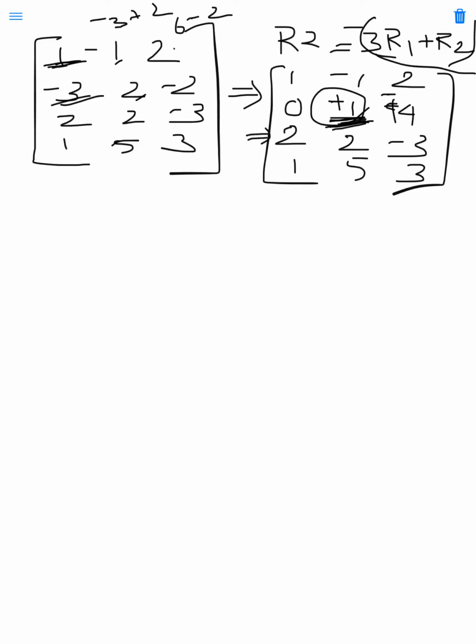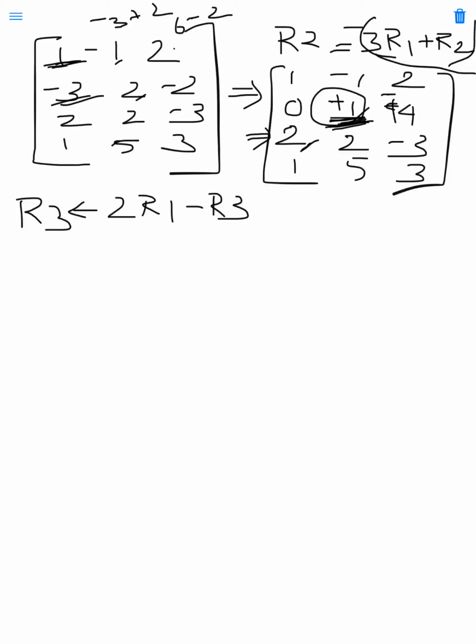Now you need to consider the R3 row. So this value needs to be made 0. So R3 can be written as 2R1 minus R3.